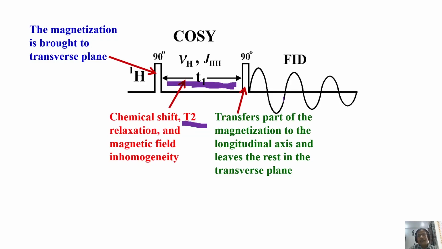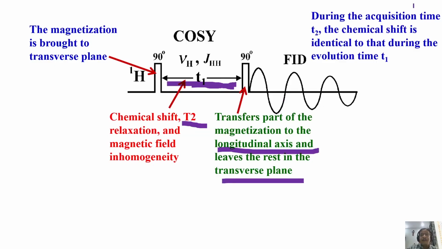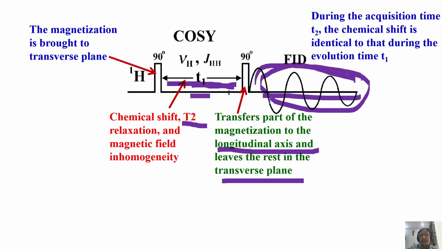The second 90-degree pulse transfers part of the magnetization to the longitudinal axis and leaves the rest in the transverse plane. And finally, during this period, we acquire a signal. Here, the chemical shift is identical to that during the evolution period. Whatever the chemical shift was for the different spins has evolved and is also retained here.